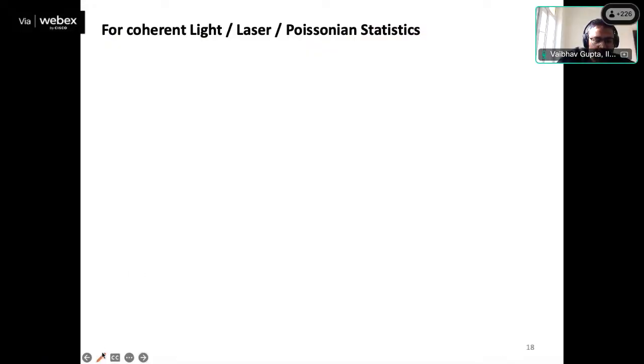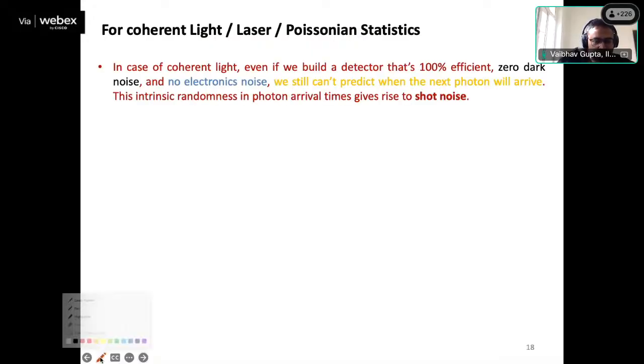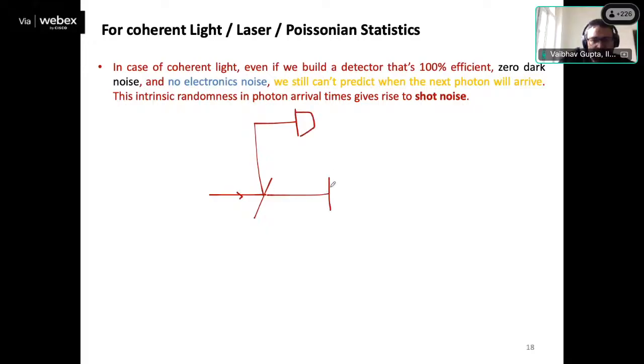I can try to show you. Suppose you have a beam splitter. A single photon comes from here, and then there are two detectors, one here and a second one there. Now let's say single photon, equidistant pulses are coming.